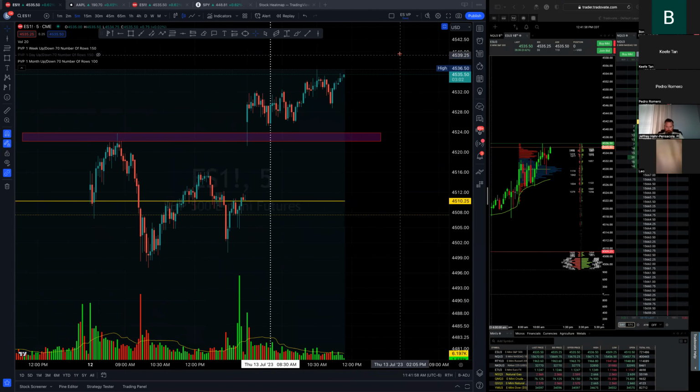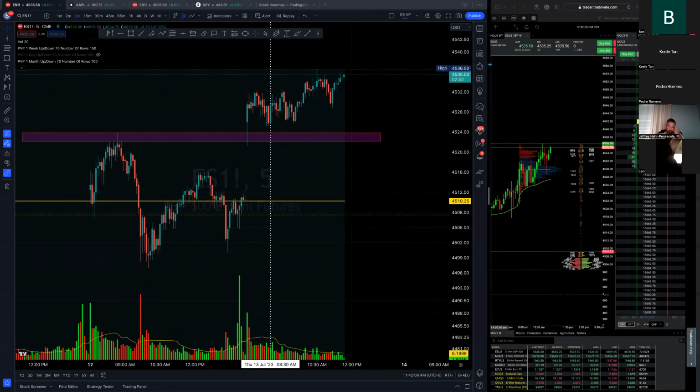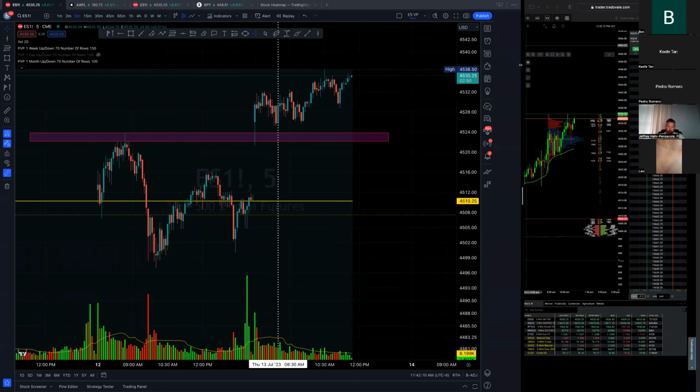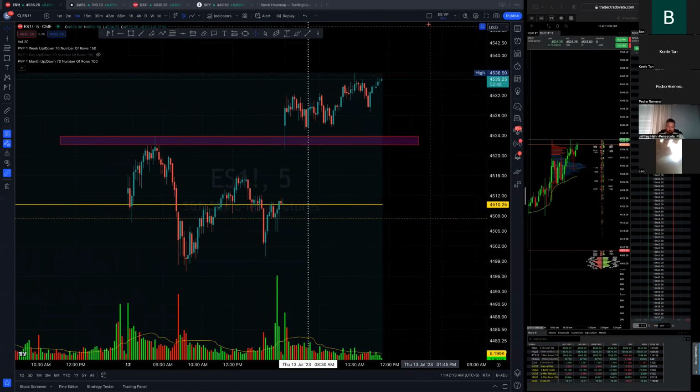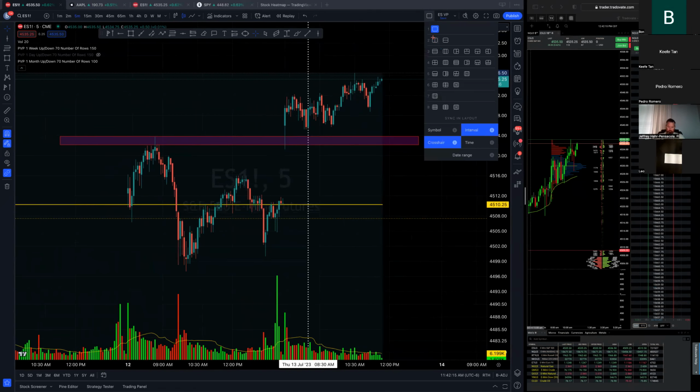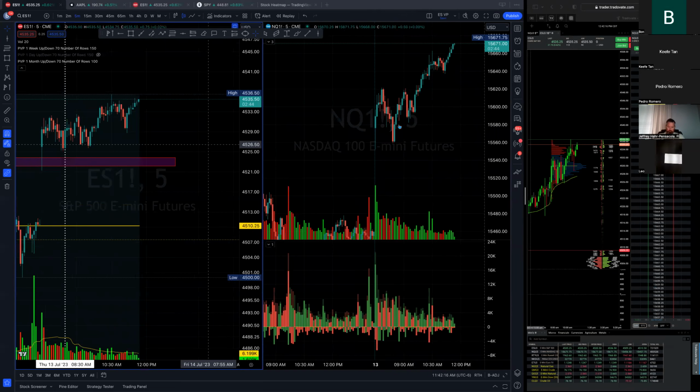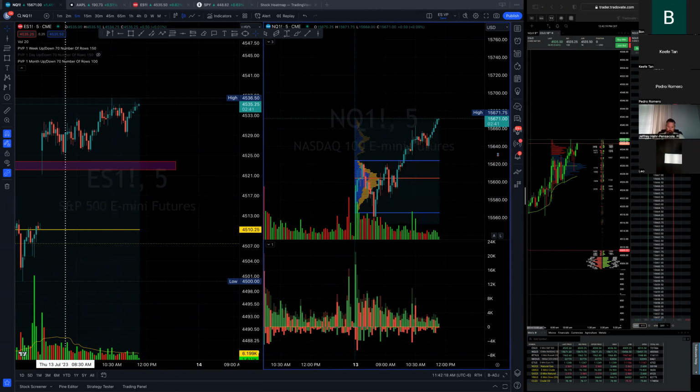It's not letting me access the settings because the zoom tabs are in the way. Okay, there it is. So let me show you guys really quick. I was actually scalping NQ earlier.